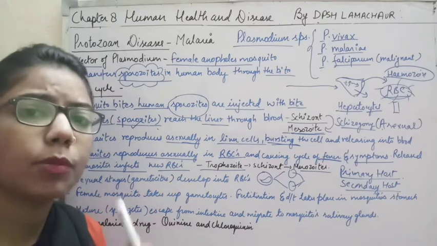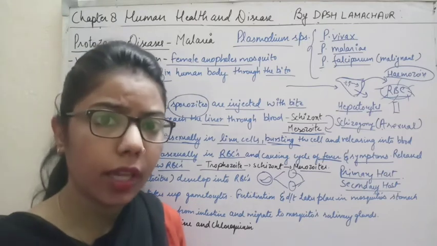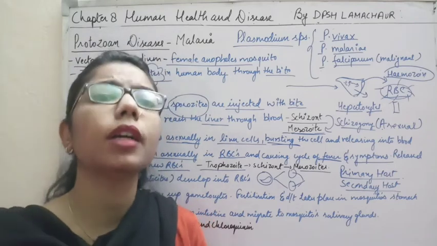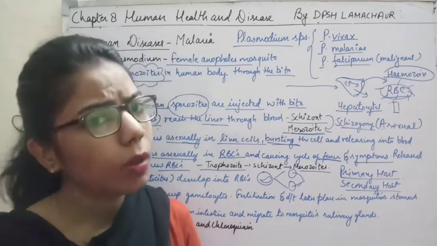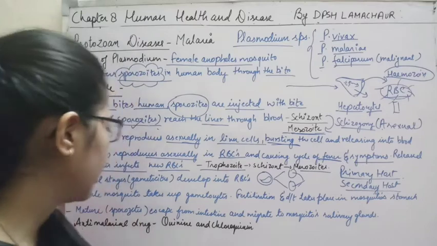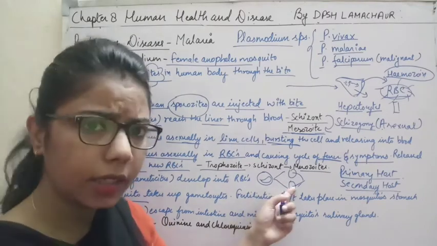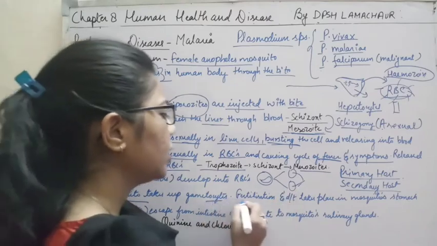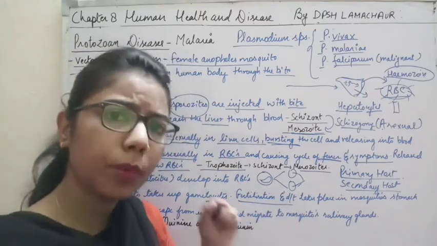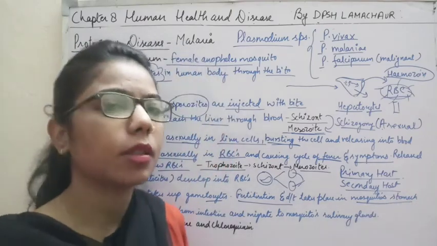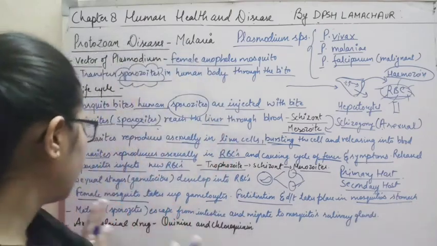Now these sporozoites mature, and we said these sporozoites are always present in the salivary glands of the mosquito. So next step, the female mosquito takes this gametocyte inside it, and after that fertilization and development take place inside the mosquito's gut or stomach.